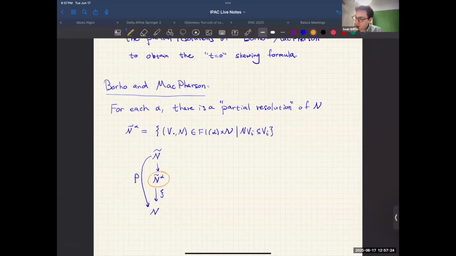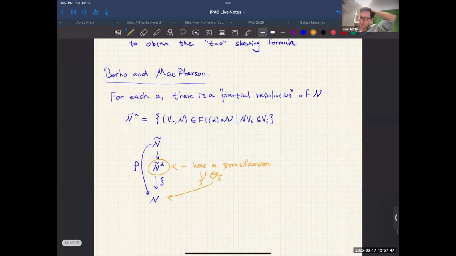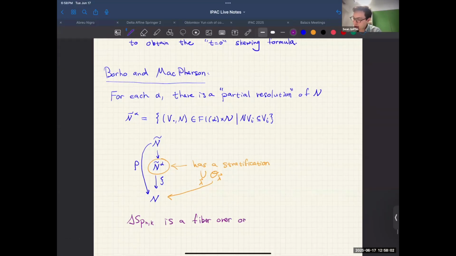And the idea is that this space has a stratification into tuples of partitions, and you can restrict the map to each stratum, and the delta Springer fiber turns out to be a fiber over one of these, basically over this restricted map.